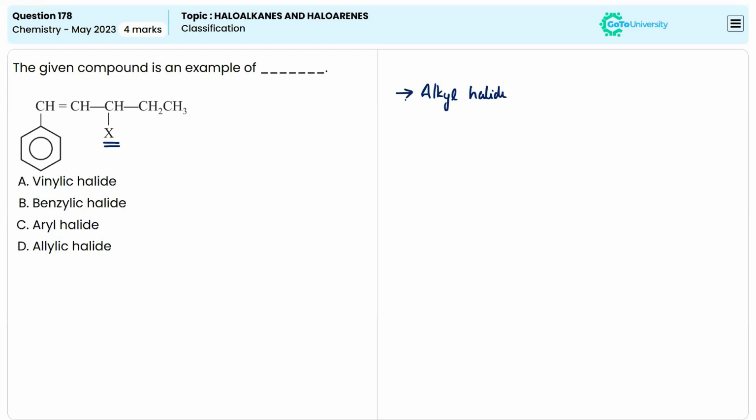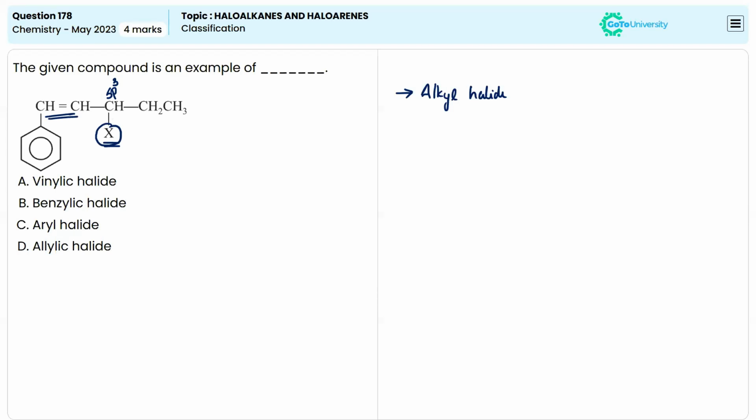Okay. Now we know that among alkyl halides we have different kinds of alkyl halides, right? So we have to find out which alkyl halide the given compound is. Here we can see that this halogen is connected to one carbon, and this halogen-connected carbon is an sp3 hybridized carbon. This sp3 hybridized carbon is again connected to a carbon-carbon double bond.